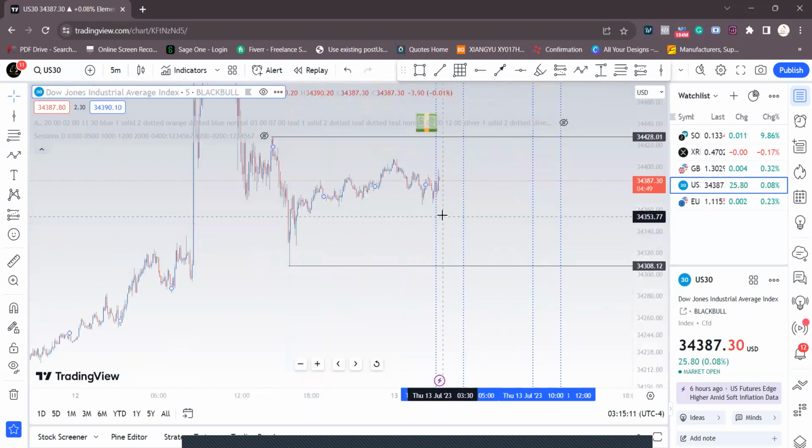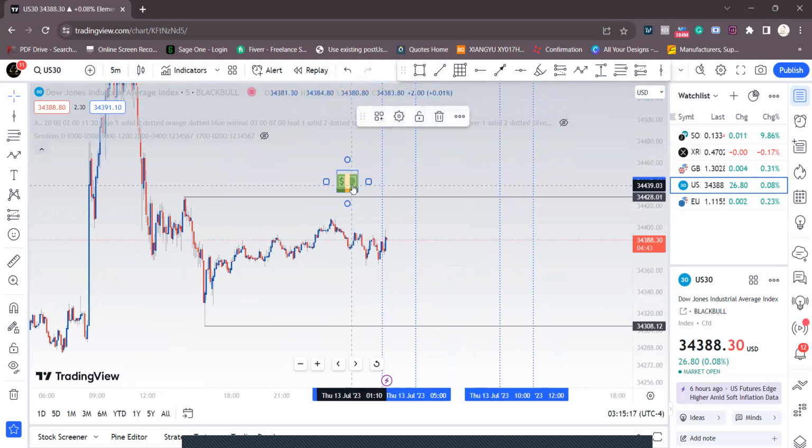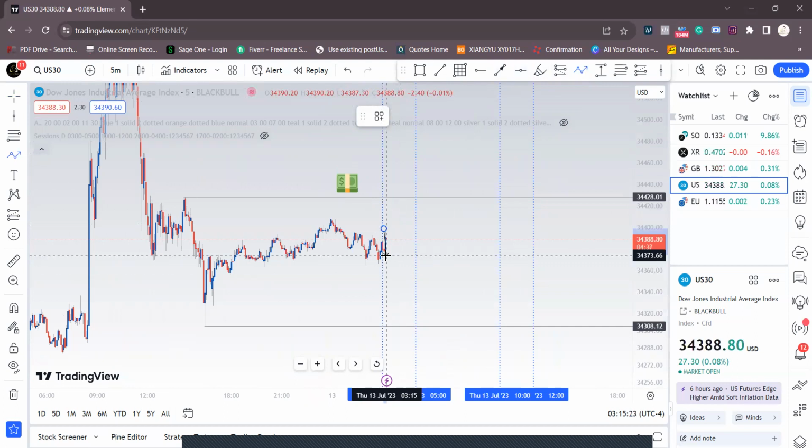Now, if we get a displacement lower, because my bias is bullish for the session, I won't change my bias to sells to target the low first, because from my knowledge of liquidity, my game plan for the session is we need to take out the highs before the lows.